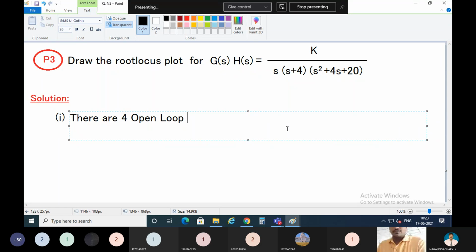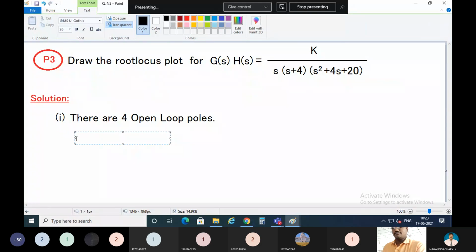So there are 4 open loop poles. What are those? s equal to 0, next s equal to -4, next s equal to -2 plus j4, and s equal to -2 minus j4.